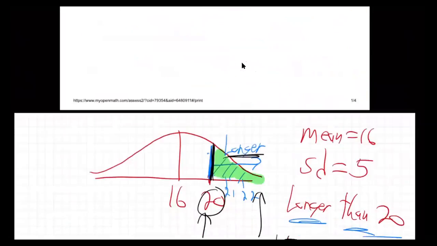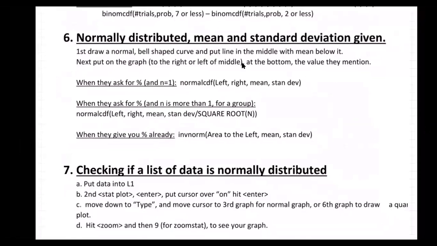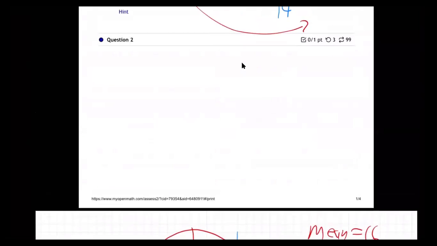So coming back down to today's notes, when they give you a percentage already, here's what we're going to use: inverse norm, with area left, mean, and standard deviation. Let's do it.